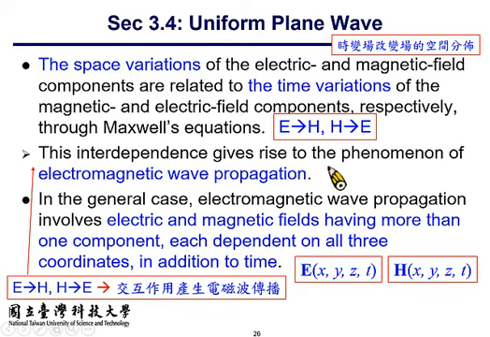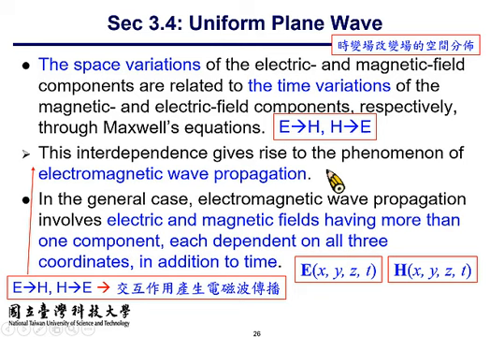Next, we move on to section 3.4, in which we will attempt to derive the uniform plane wave. Okay? Every year, when it comes to this section, I'm getting more and more excited, right? So we finally are going to look into the generation of electromagnetic waves, all right?